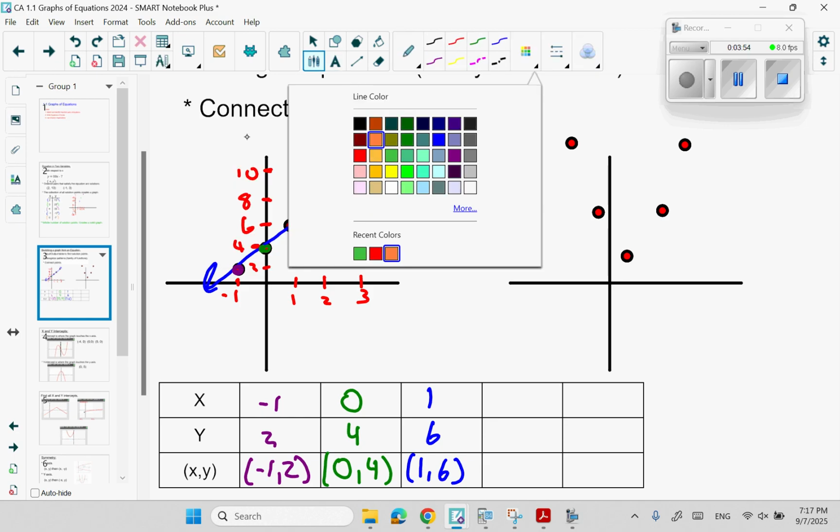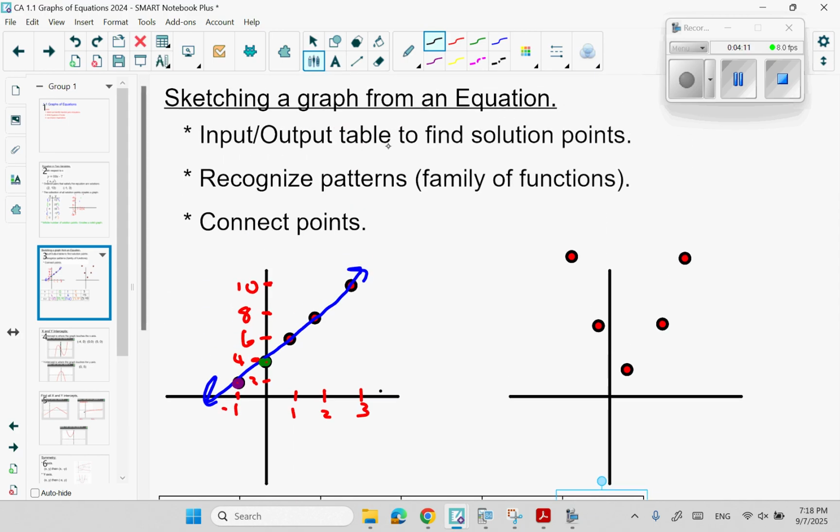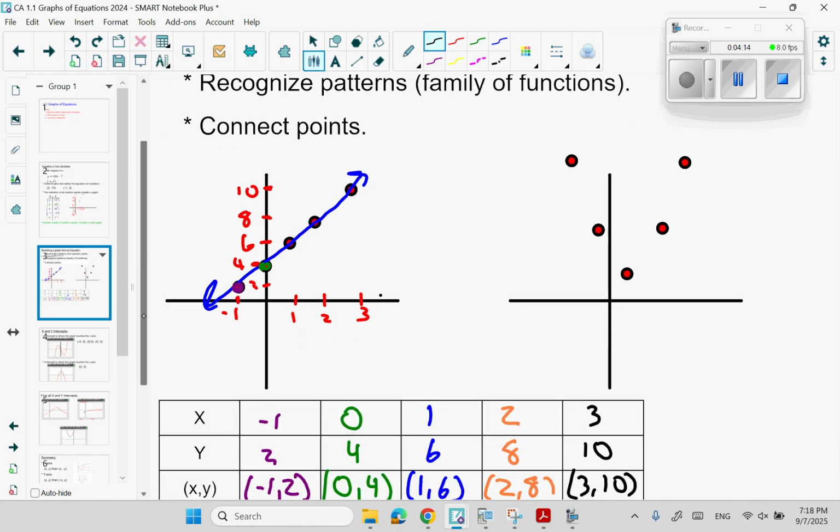What is going on? 2, 8. Maybe I should just not switch colors other than my standard ones, but that's okay. And then 3, 10. So that's kind of what we're talking about when I talk about an input-output table for your homework.